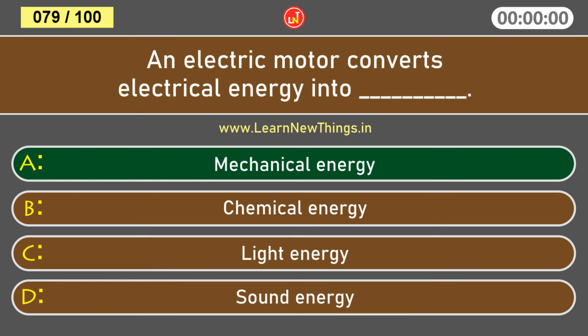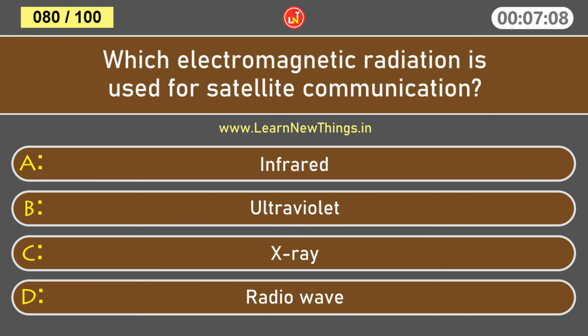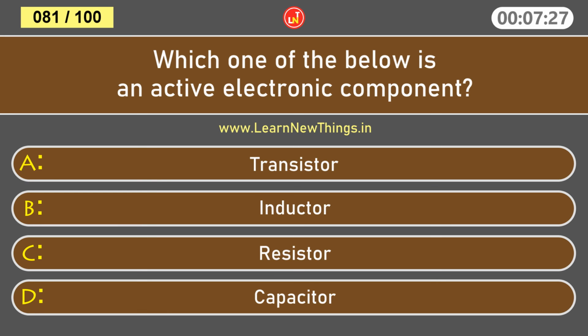Mechanical energy. Which electromagnetic radiation is used for satellite communication? Radio wave. Which one of the below is an active electronic component? Transistor.